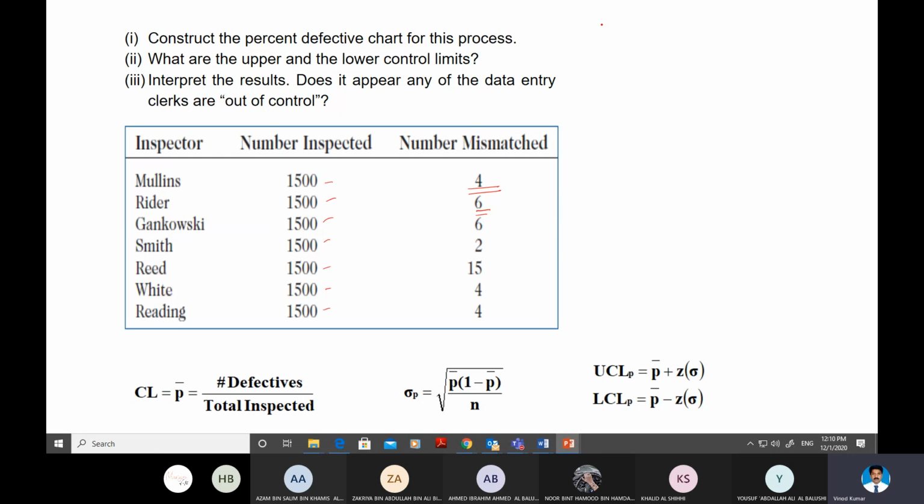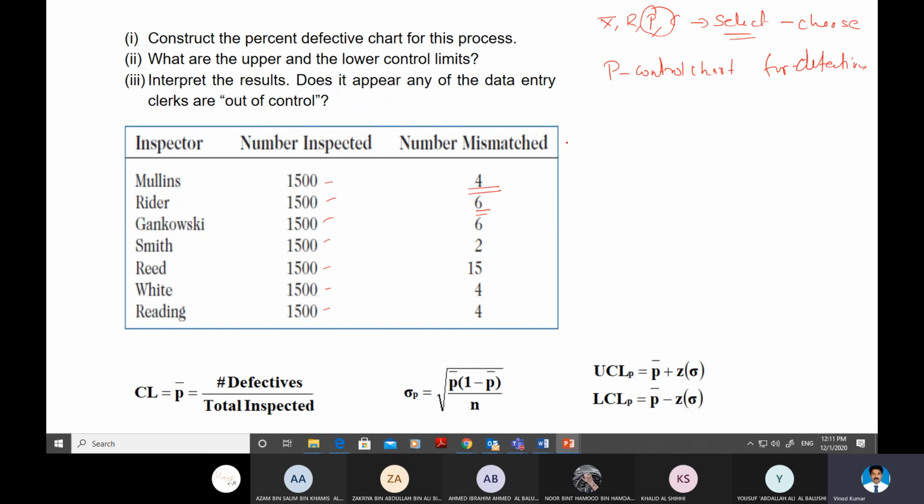Whenever it says suitable, whether it is the X bar chart, R chart, P chart or C chart, you have to choose which chart it is from the question. Since the products are inspected and there are 4 mismatched, it is definitely going to be a P chart, which is called the control chart for defectives.